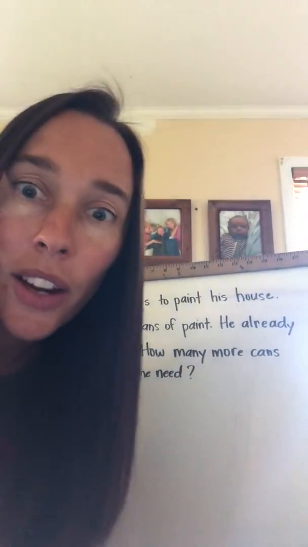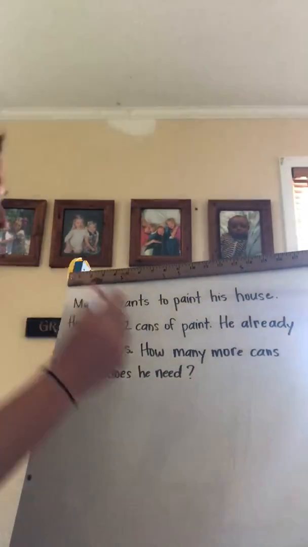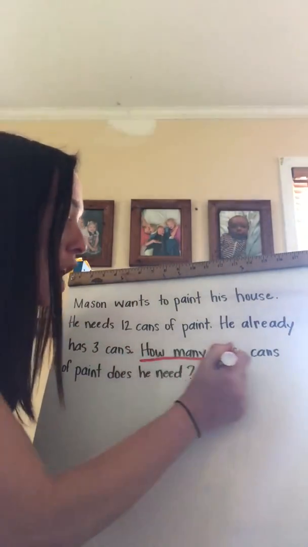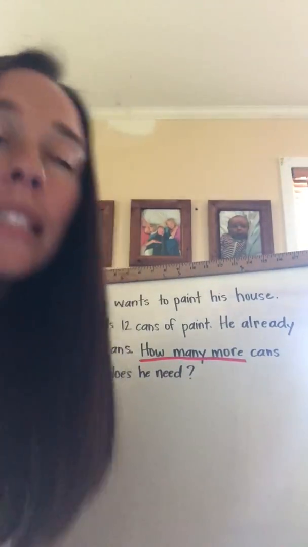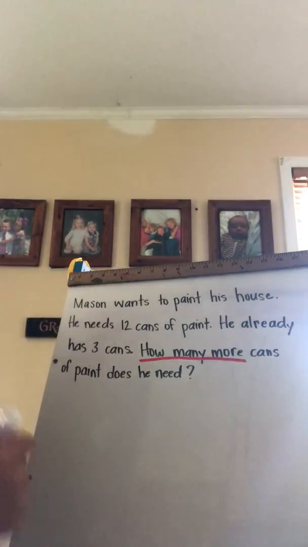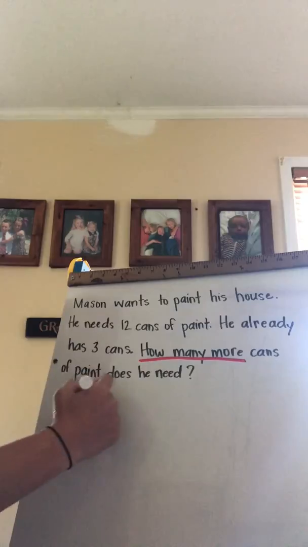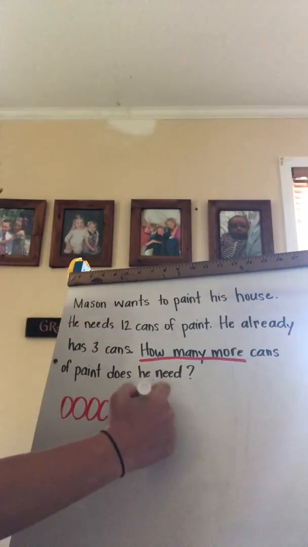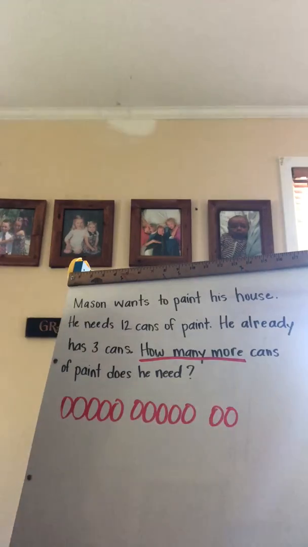Ooh, I heard a key word in there. Here is my key word. I hope you're going to be able to tell somebody at your house what how many more means. The first thing I need you to do is think, all right, I know he needs 12 cans. So I'm going to draw my 12 cans of paint.